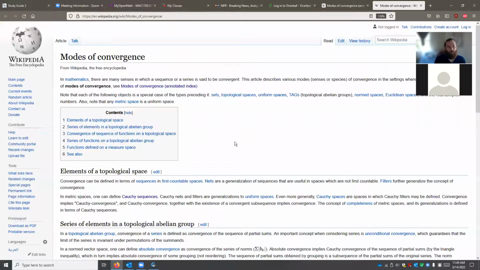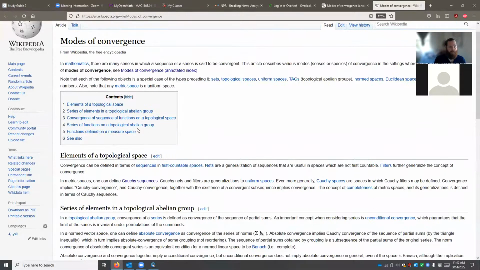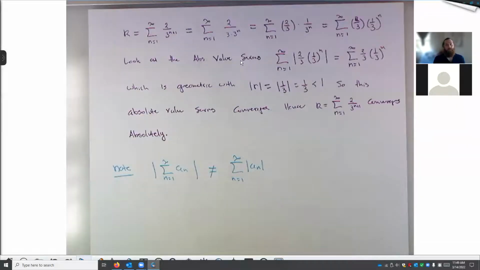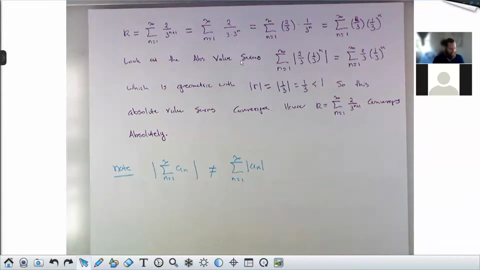There are so many of these things. Even if we're just looking here, there's normal convergence, local normal convergence, compact normal convergence, local uniform convergence. There are so many kinds of convergence that I definitely don't want to dump them all on you at once.